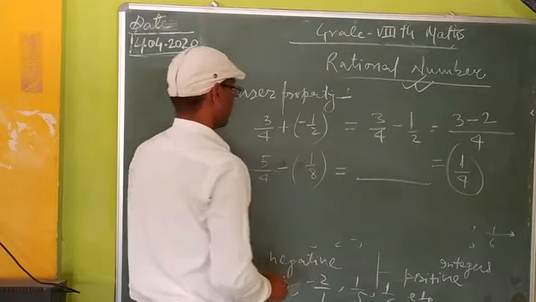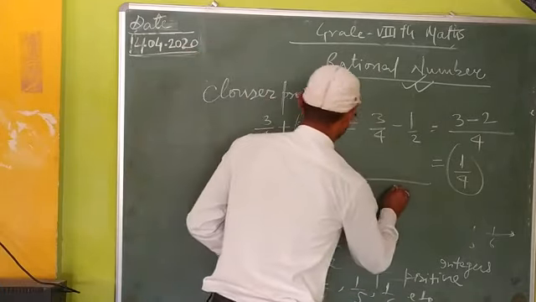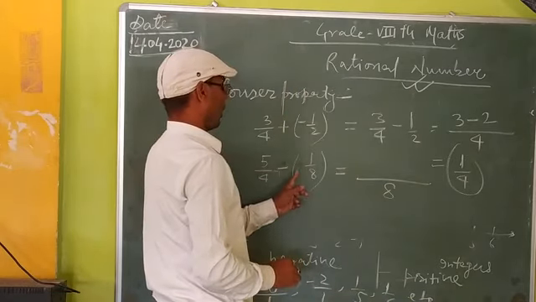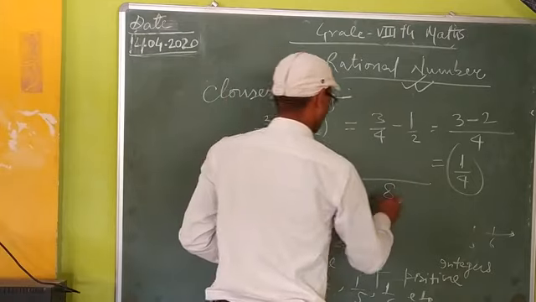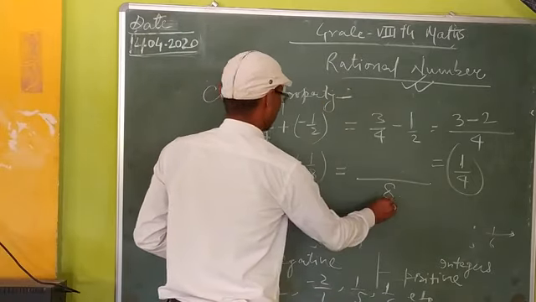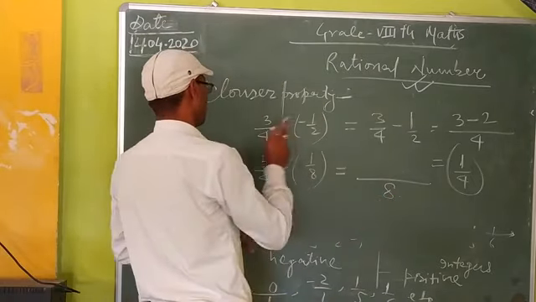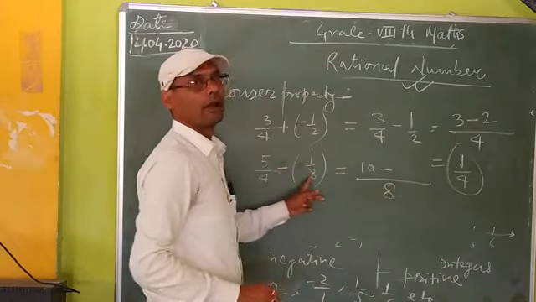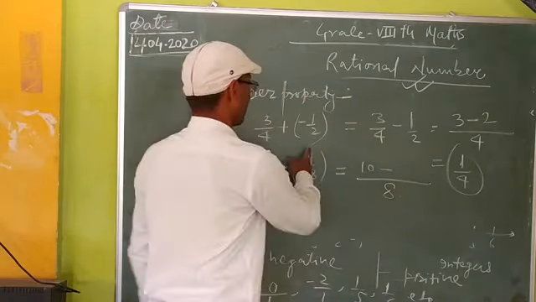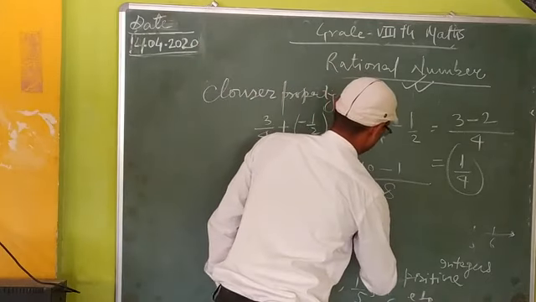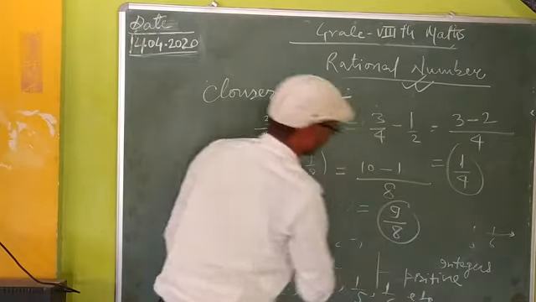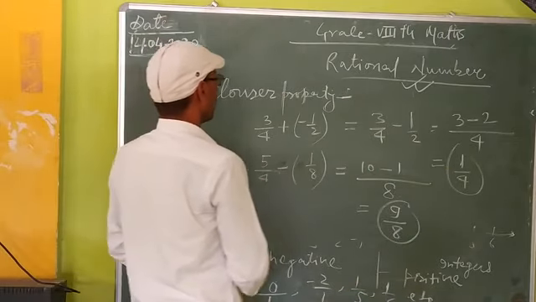Same way, take LCM. 4 and 8's LCM will be 8. 4 divides 8 two times, and 2 into 5 is 10. Here is minus 1. 8 divides 8 one time, 1 into 1, 1. What is here? 9 by 8. Is it rational or not? Rational.